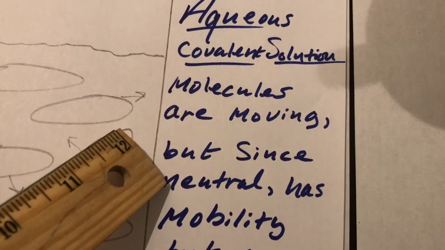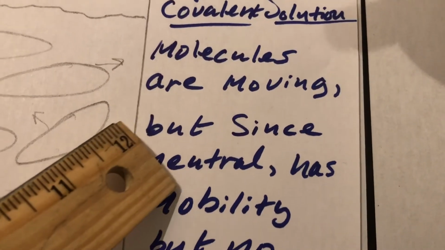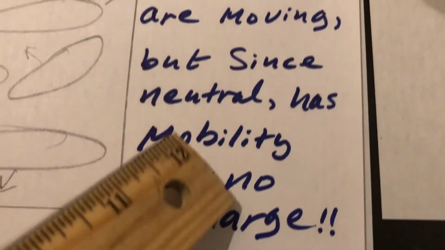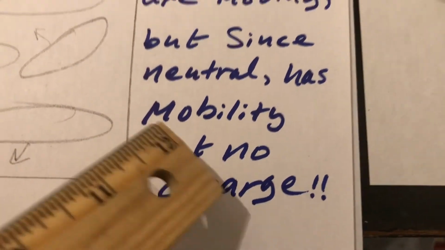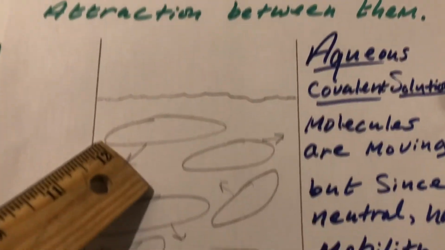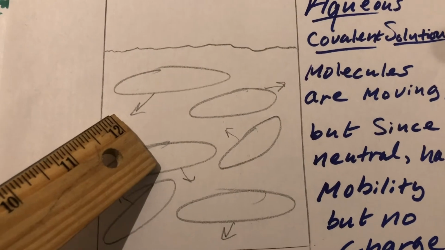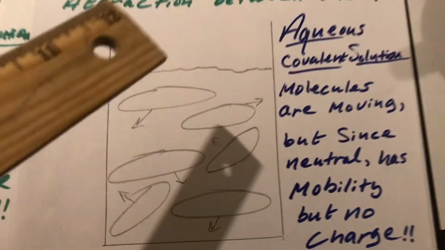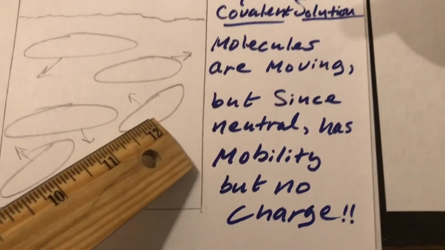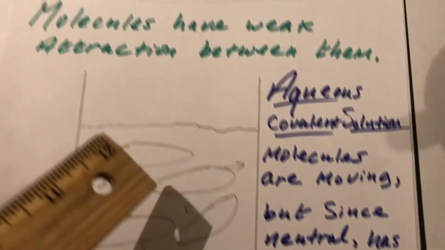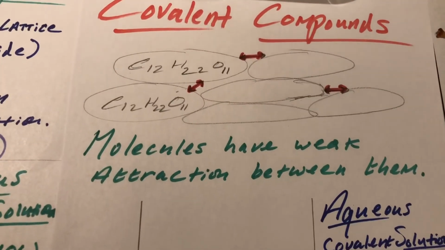But since the molecules are neutral, even though we have mobility, we don't have any charge. So we have mobile neutral molecules, all right? And that doesn't help us if we're trying to get our substance to be an electrolyte. Okay, we need mobile charge. And if you have mobile neutral molecules, you will not get the bulb to light up. Okay, so there we go.